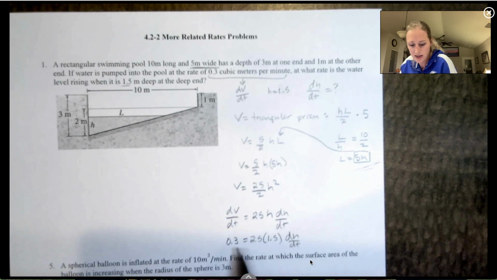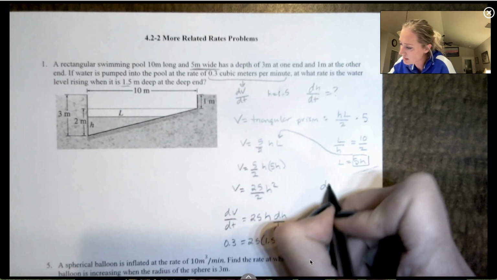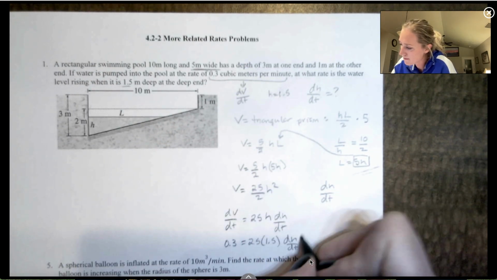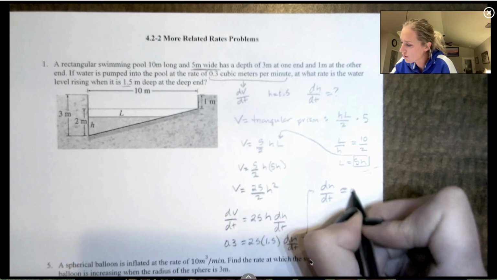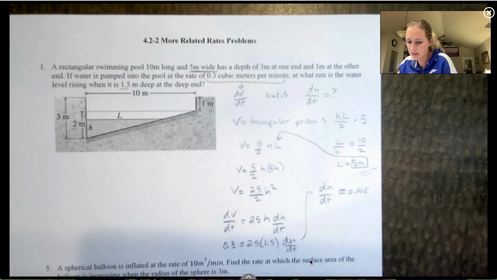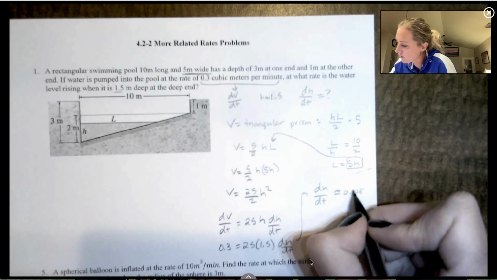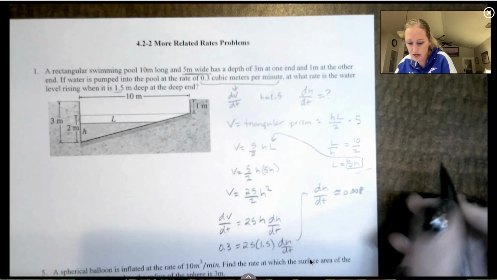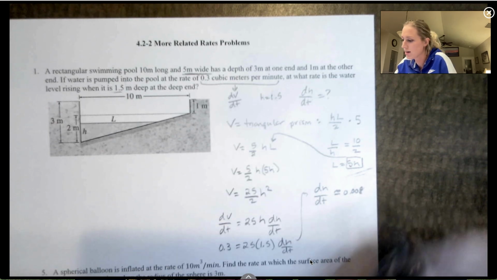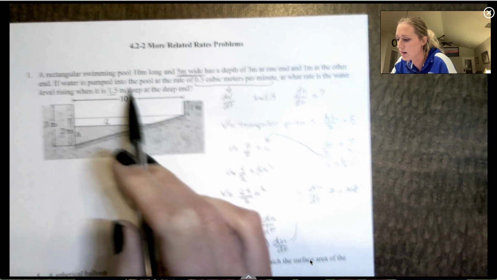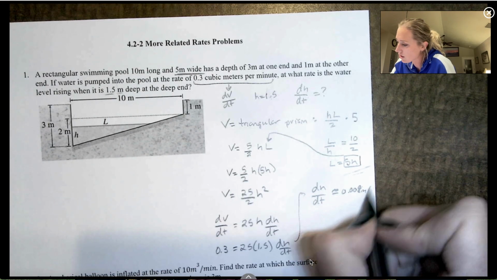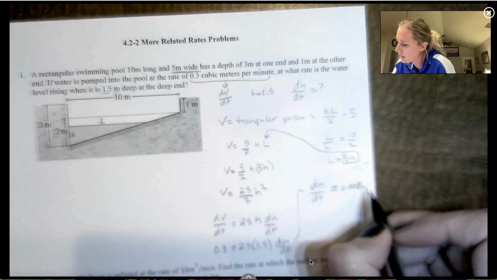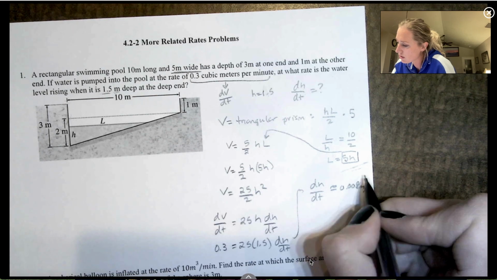When I multiply and then get dH/dt by itself, we get 0.008. And our rate, height, is a unit of meters, and it's a rate, so our unit of time is per minute. So meters per minute.